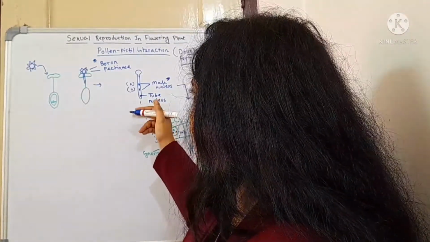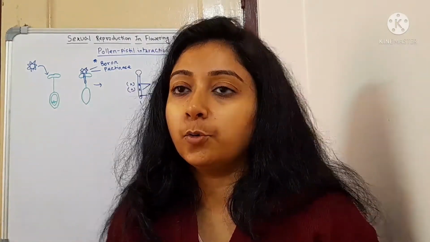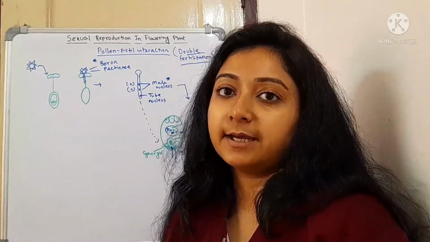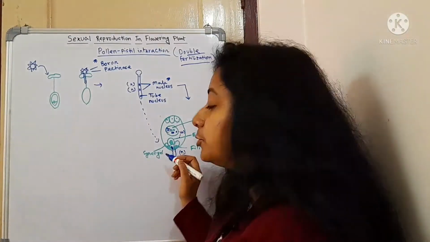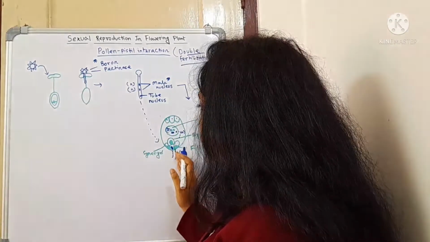Now what is the role of the tube nucleus? The tube nucleus as well as the cells which are present here will start to secrete pectinase, and that will also show the pollen tube the direction in which it has to grow. So the pollen tube will grow and move to the embryo sac, and once entering the embryo sac, the tube nucleus will start to degenerate and it will release the male nuclei.